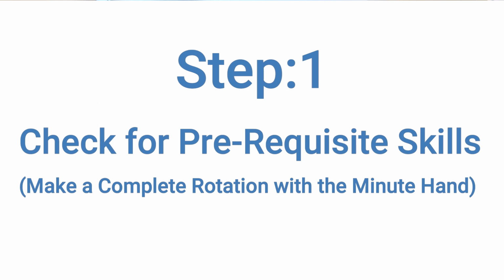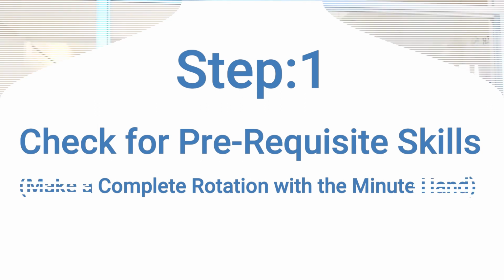We expect that, let's say, both the minutes hand and the hour hand are at the 12th hour. Then the students will rotate the minutes hand all the way around until it's right back on the 12th hour. That's how they'll actually demonstrate that complete rotation.